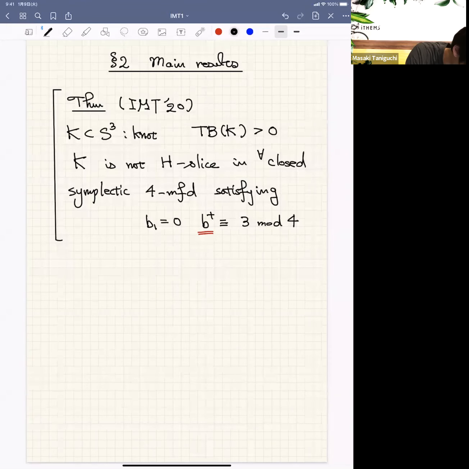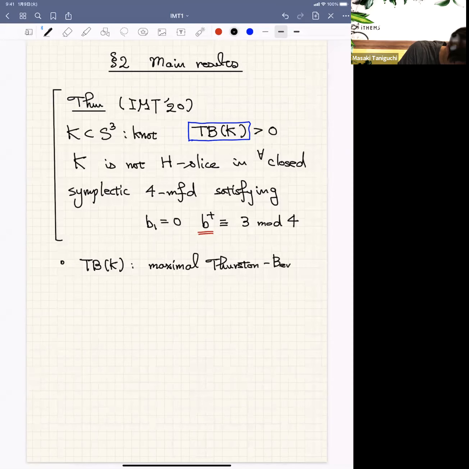First, I would like to explain what TB(K), the maximal Thurston-Bennequin number of a knot, is. Let me recall the definition.